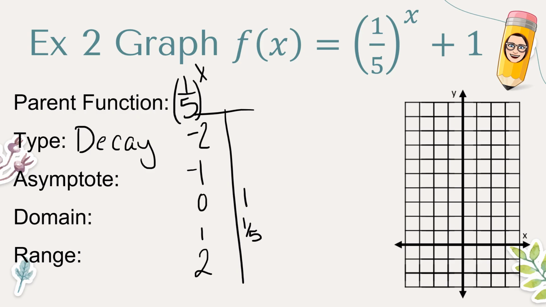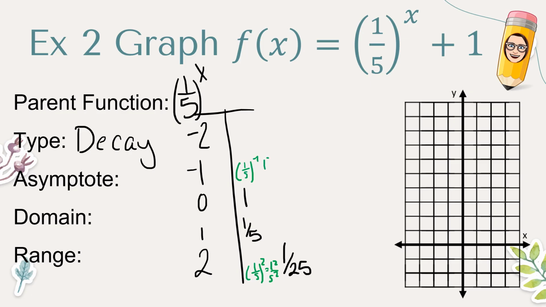What's anything to the second power? You might have to think about this one. Let me draw a little sketch. 1/5 to the second, that's saying 1 squared over 5 squared, right? So we would get 1/25. Now, I showed a little work. You don't have to if you know that or if you're using a calculator by chance. How about to the negative first? Let me think about that. 1/5 to the negative 1.